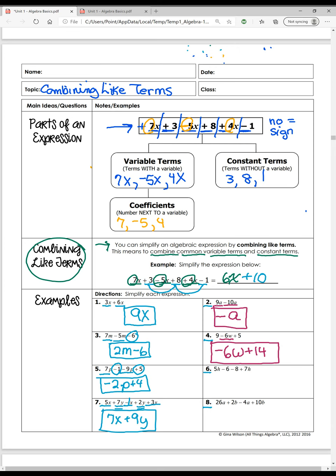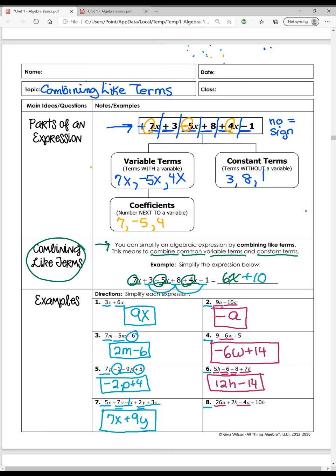In the next set, we'll combine the h's first. 5h plus 7h gives us 12h. And then we have negative 6 minus 8, which is negative 14. And there's our final answer, 12h minus 14. And now we have 26a minus 4a.